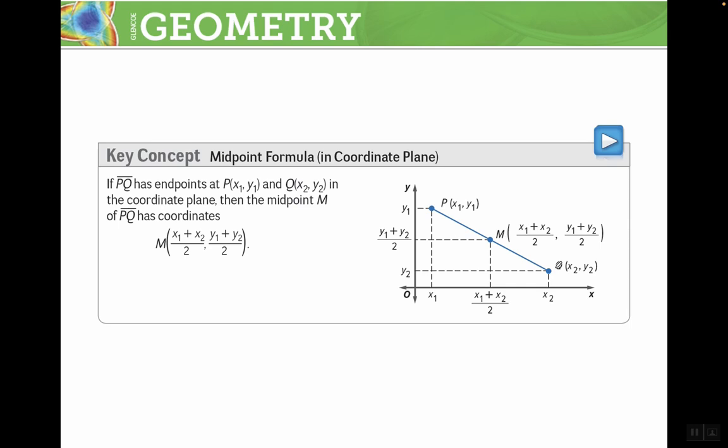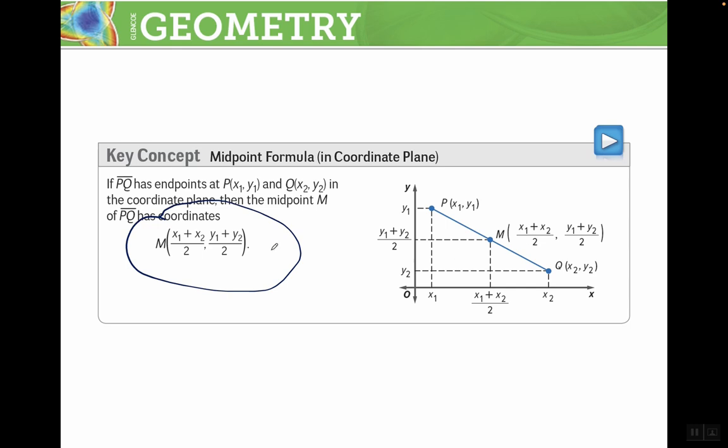Okay, so here is the formula that's in your notes. This is if you're given 2 points. So you have an x1, y1 and an x2, y2. And what you're finding is the middle of that point wherever they're at.